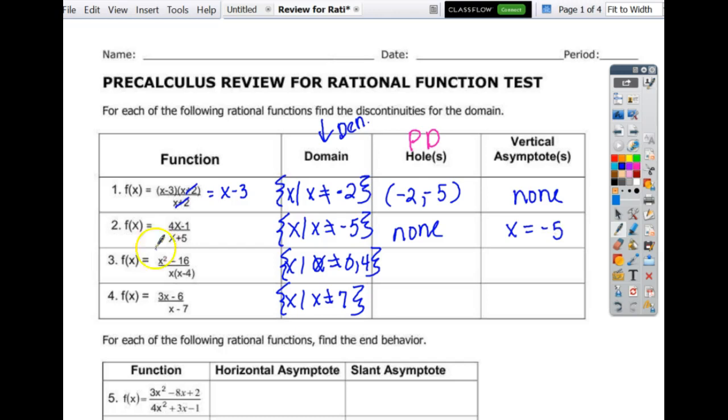You have to factor. So I get x plus 4 and x minus 4. So does something cancel? Yes. So this cancels, so I know I get point discontinuity at 4. So my reduced function now is x plus 4 over x.